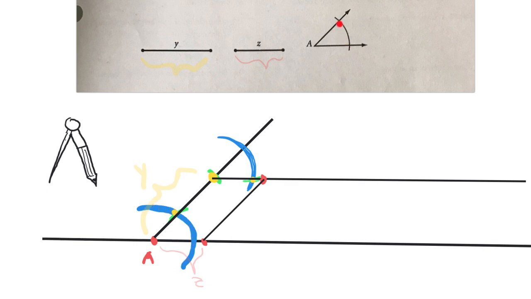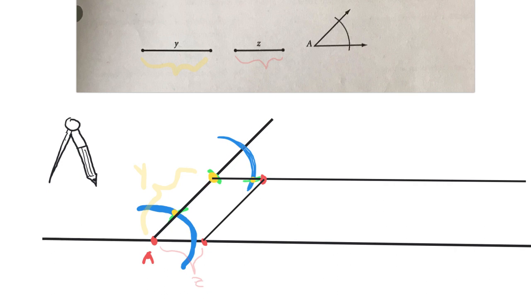Then we gauged this distance. We put the sharp part of the compass here, and then we drew another arc, that green one right there. And then we had our point of intersection between the green arc and the previous blue one. And that point of intersection, we used a straight edge to connect A with that point of intersection. And that's how we replicated the angle.